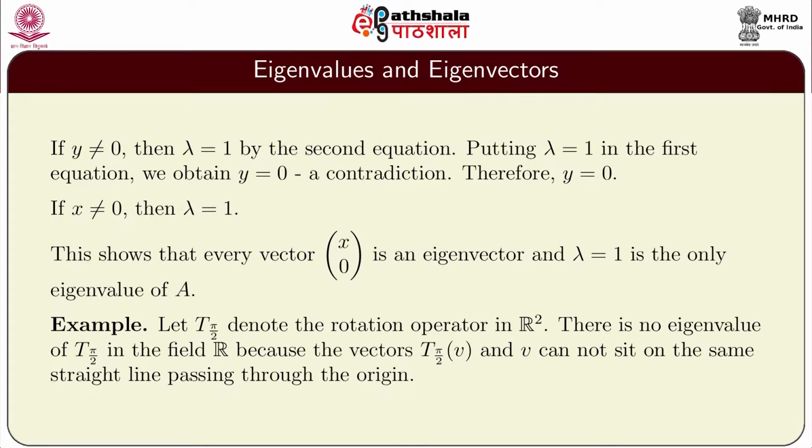Now, if y is not 0, then by the second equation lambda is 1, and if we put lambda equal to 1 in the first equation, we obtain y is equal to 0, which is a contradiction. Therefore, we cannot have y not 0 in the first place. So, y has to be 0, and if x is not 0, then lambda is 1.